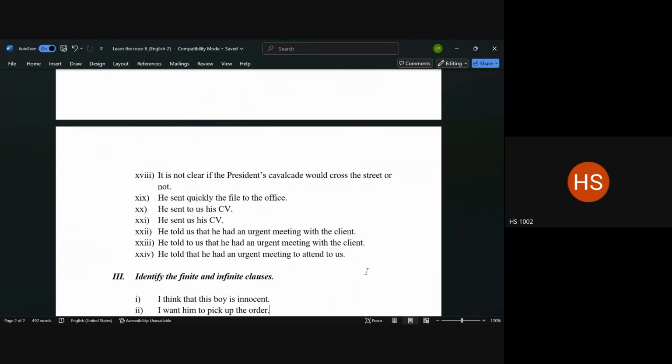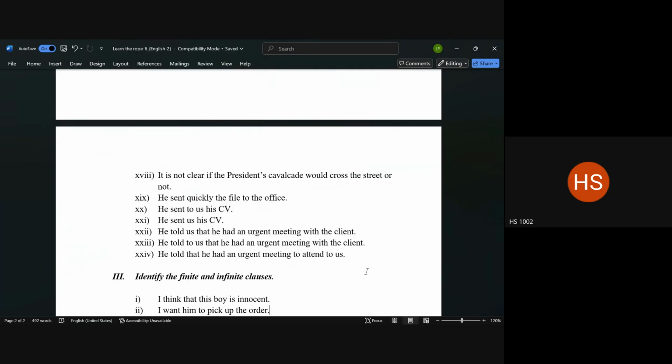That is when we are removing the preposition here, right? With the preposition, he sent his CV to us. So if your indirect object comes with a preposition, then it has to go towards the end. It will follow your direct object if it is with a preposition. So, he sent his CV to us.